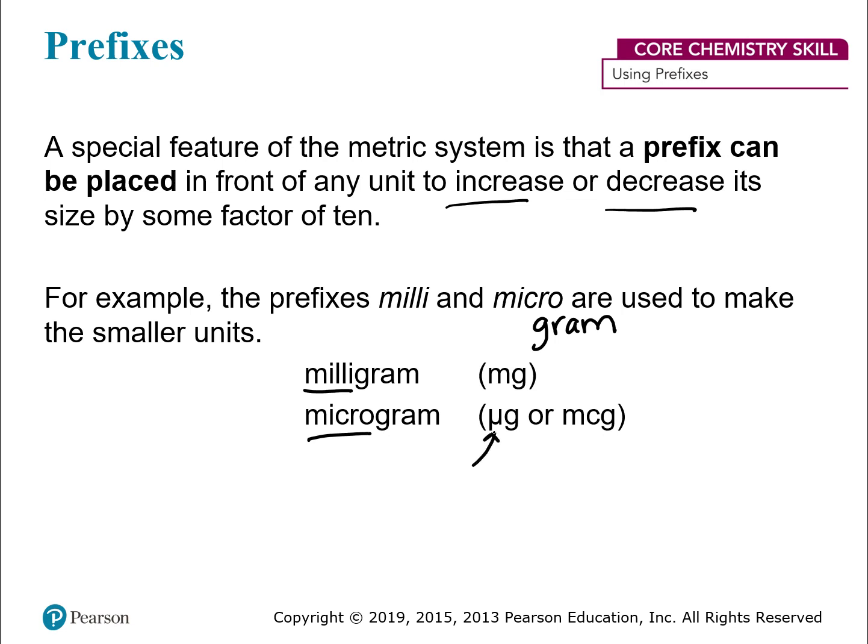Notice how this is not a regular M. That's actually the Greek character mu, so it's got a little tail. In medicine and in other places, you may see micro abbreviated as MCG. That's just for clarity. You don't want to get it confused with the milligram, as those are two wildly different measurements.